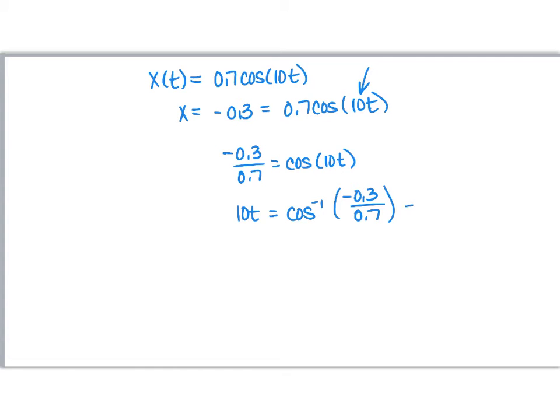So I got that 10t is 2.01, and then I'll divide it by 10, which would give me 0.201. Again, remember that your calculator has to be set to radians, because that's how they're given your answer. So I'm hoping that that's helpful for that number.